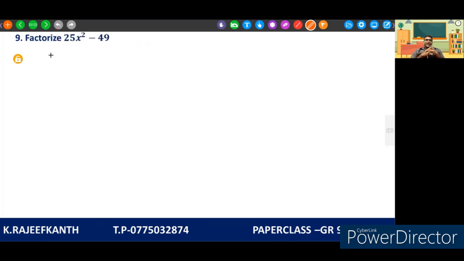Factorize 25x squared minus 49. So first you have to arrange it in the format of a difference of two squares, because you have already learned that a squared minus b squared is equal to a plus b into a minus b.